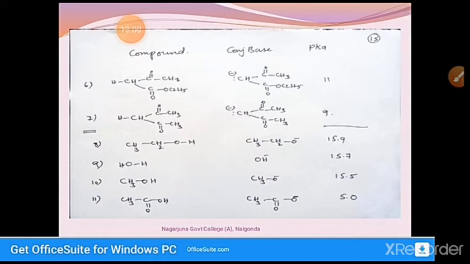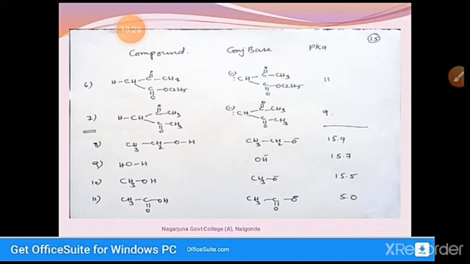So when we compare these compounds with our active methylene compounds, acetic acid's pKa value is very low. A lower pKa value means a stronger acid. These are the different pKa values for different compounds.